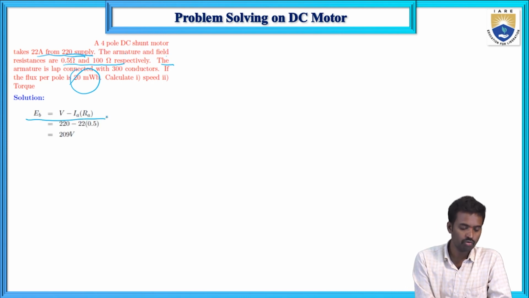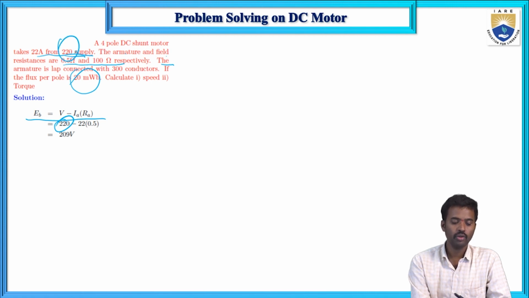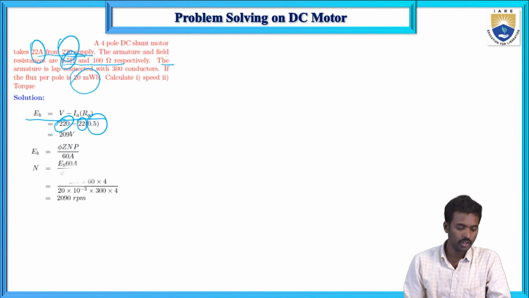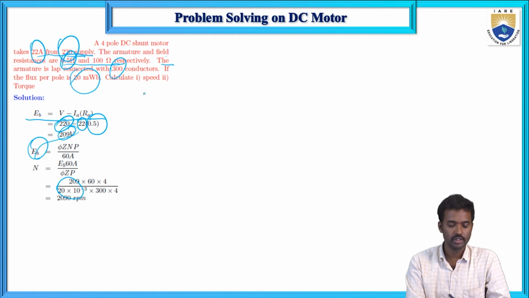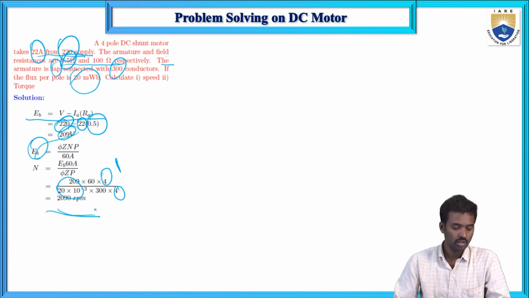So Eb equals V minus IaRa. Here V is 220 volts, Ia equals 22, and Ra equals 0.5. From this Eb equals 209, and Z equals 300 conductors, and the flux value is 20 milliwebers, and number of poles P, and it is lap connected, and the speed is 2090 rpm.